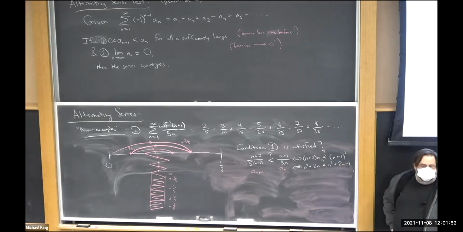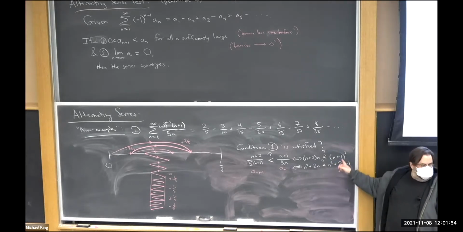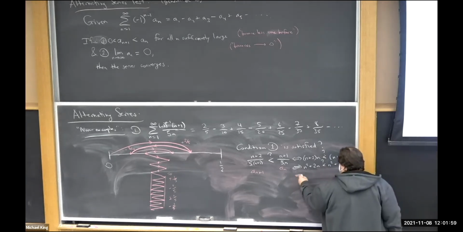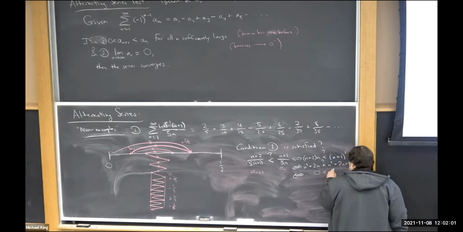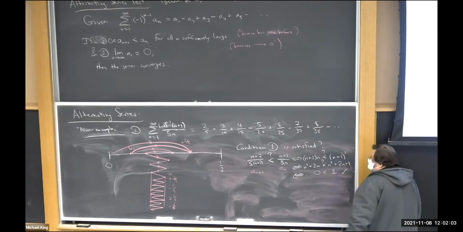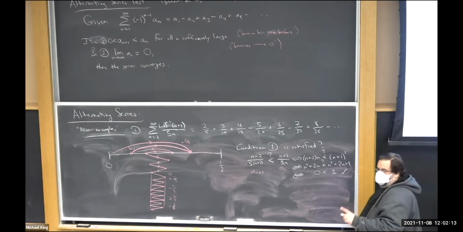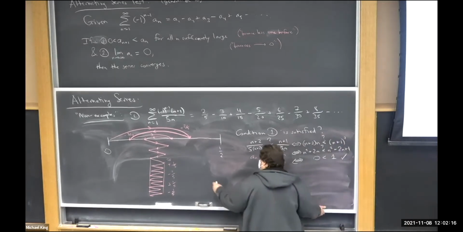And there you can see it, right? You got the extra plus 1 over here. So that's true if and only if 0 is less than 1, which is true. Okay, so that's an argument you could give that the first condition is satisfied. So the terms are getting smaller each time, but they're not going to 0.